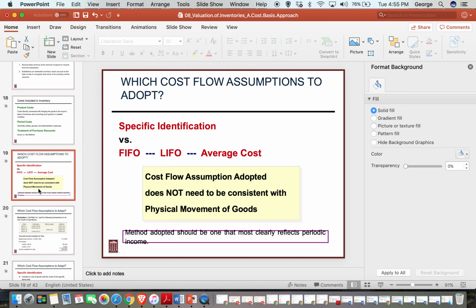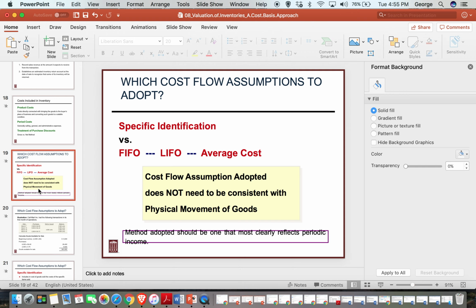There's not a whole lot of diamond rings in the jewelry store, so we can specifically identify when we bought it, what we paid for it, and of course what we sell it for. That's specific identification, the most accurate approach to costing your inventory.